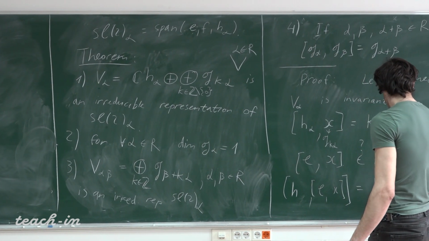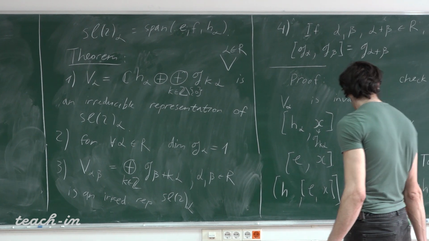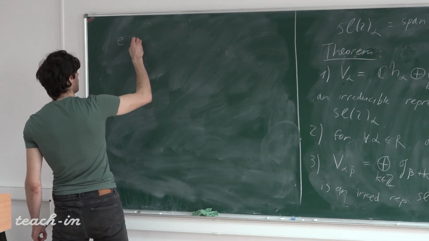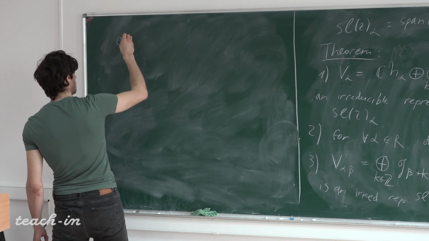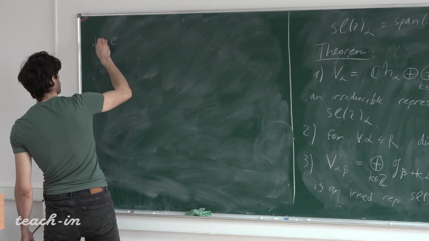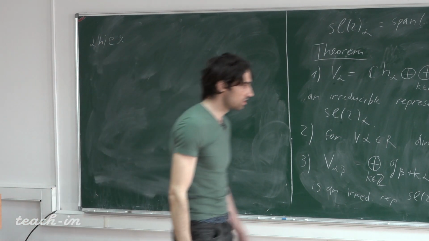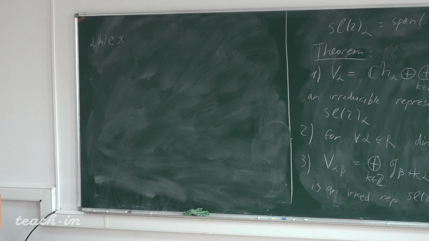When I apply H to X, I will have E, and then alpha of H, and then X. So this is this term, plus the commutator we know.